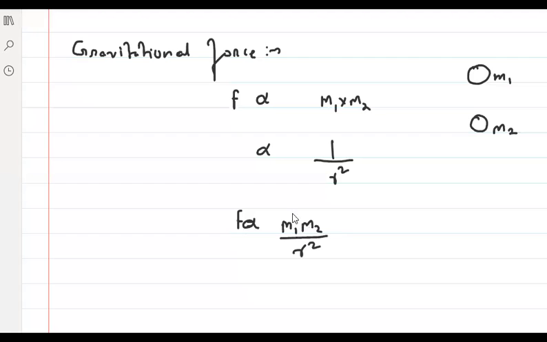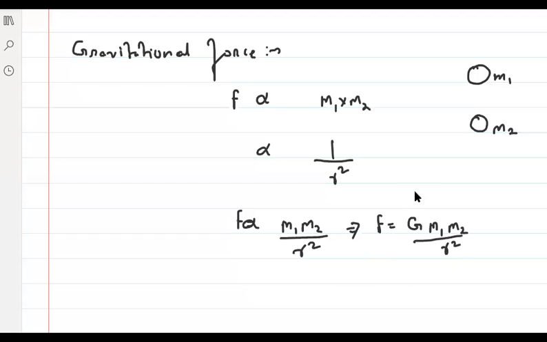Now, since this is a proportionality, we have to have a constant to remove this proportionality, and that constant is called capital G. That's why I asked you, what is the difference between capital G and small g? This capital G is the proportionality constant. So we have the formula G m1 m2 by r square.